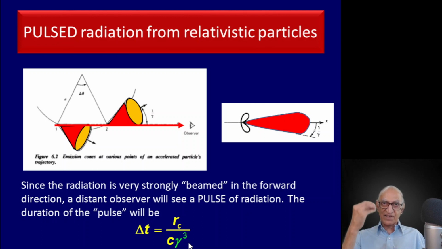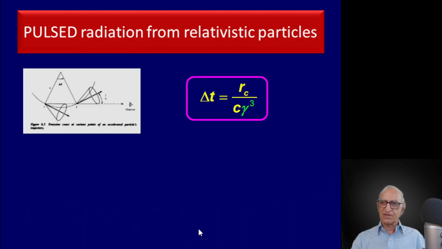So if gamma is very large, you will see the pulse for a very short duration. If gamma is slightly smaller, then you will see the pulse for slightly longer duration, but it will be pulsed. So the width of the pulse in time will be proportional to 1 over gamma cubed.